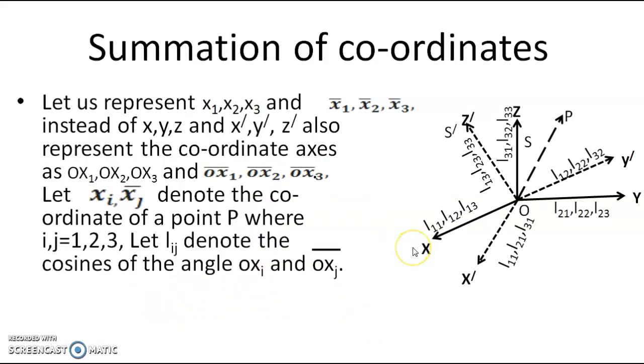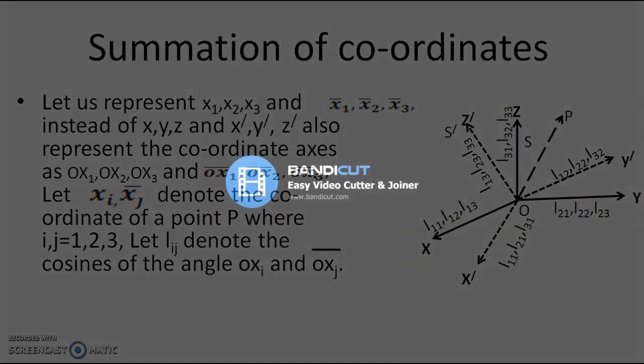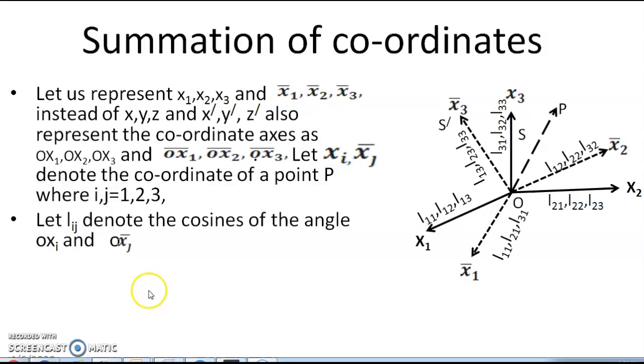Okay. Next, this is another system. Here summation of coordinates. Let us represent x1, x2, x3 and x1 bar, x2 bar, x3 bar instead of x, y, z and x dash, y dash, z dash.